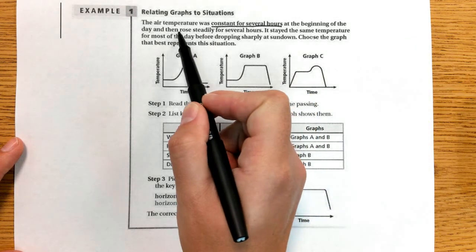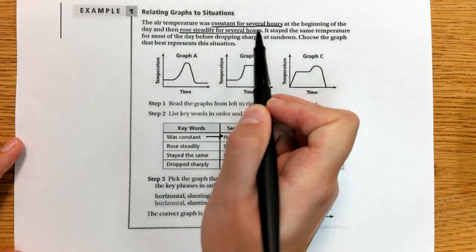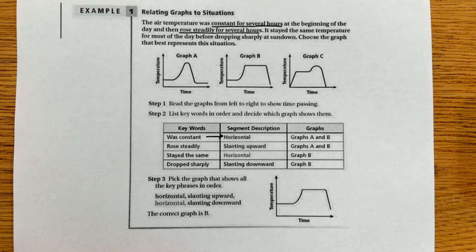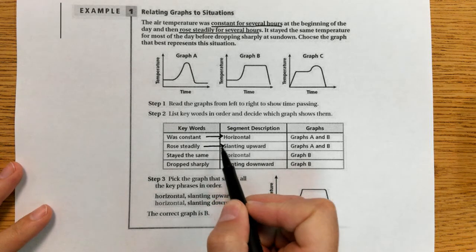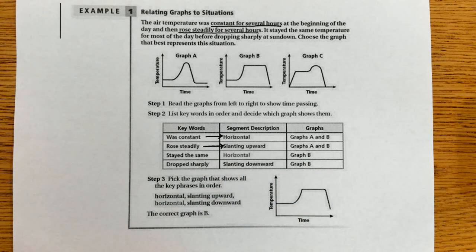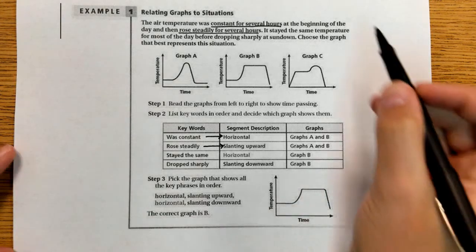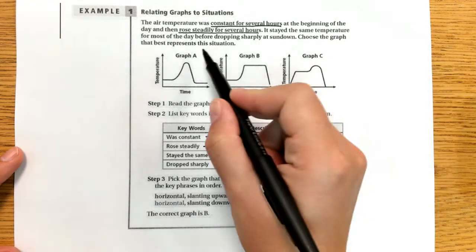Then rose steadily for several hours. Rising, okay, means it's going to increase, and steadily means it's going to increase at a constant rate. So it's going to be a straight line, but it's going to be going up. So rose steadily means it's slanting upward. Okay. It stayed the same temperature for most of the day.